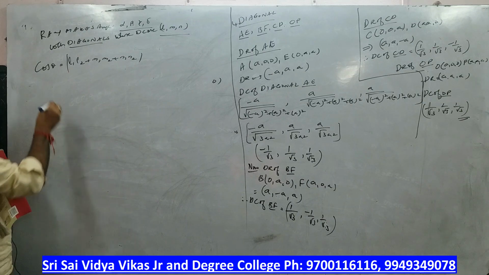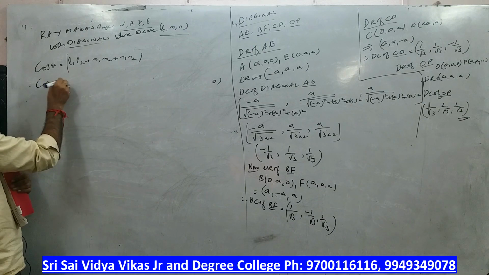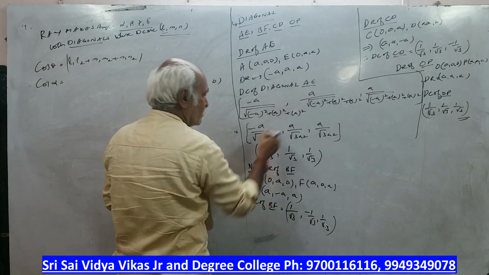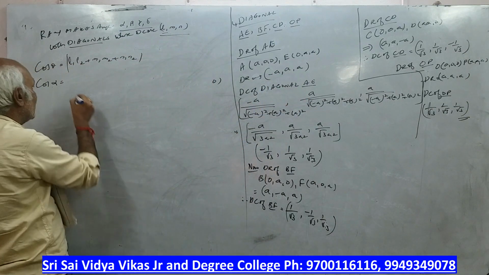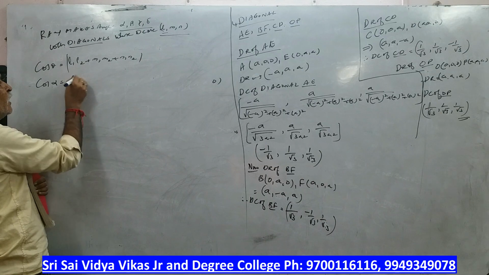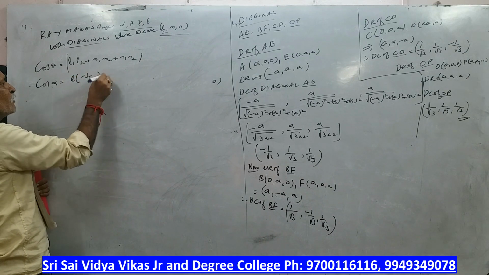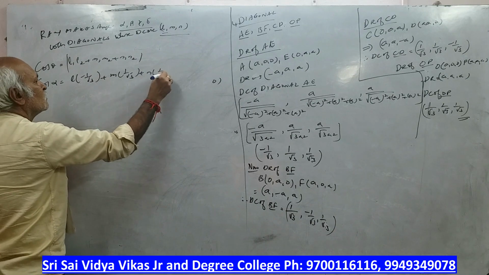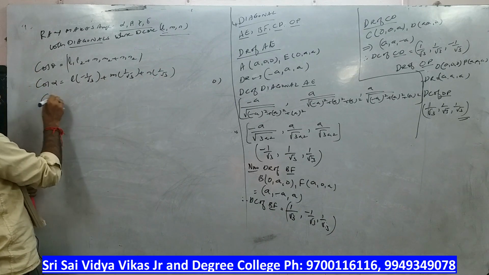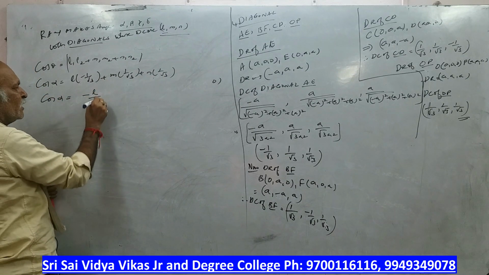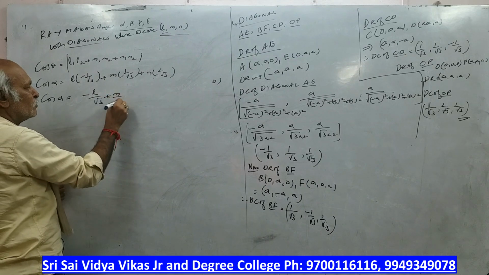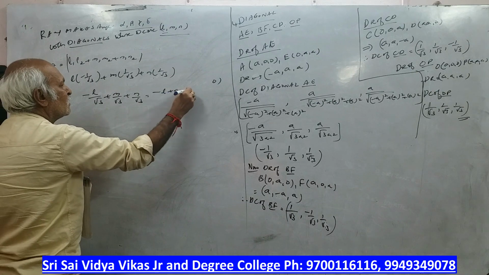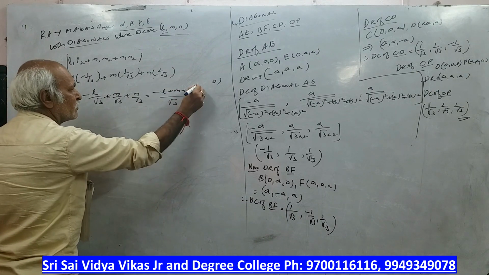Therefore, cos alpha. Here l1 we consider l, and l2 we consider the first one. What is the value we got? Minus 1 by root 3. So l into minus 1 by root 3, plus m by root 3 plus n by root 3. So cos alpha is equal to minus l plus m plus n by root 3.